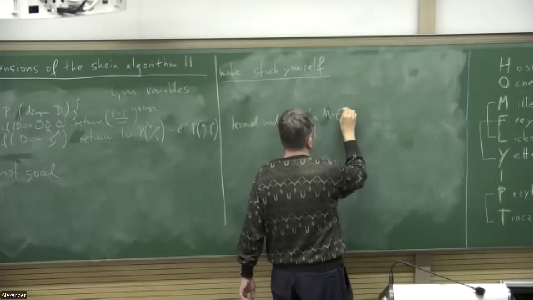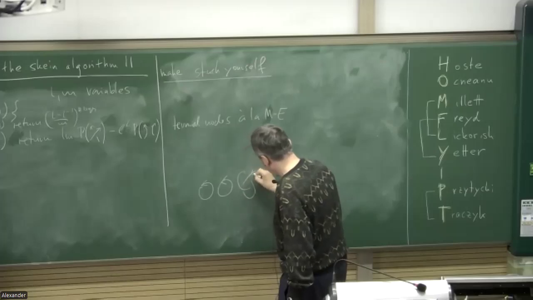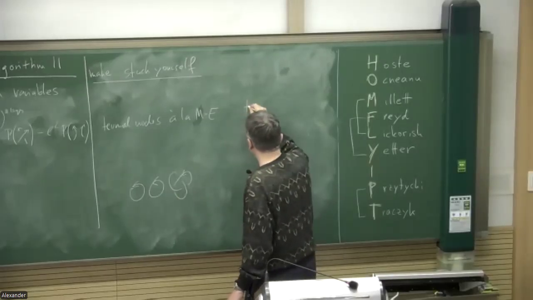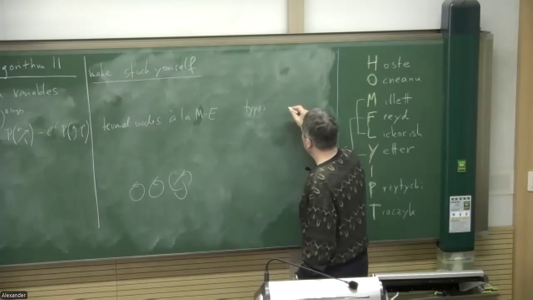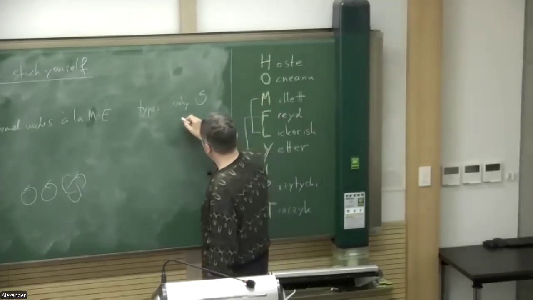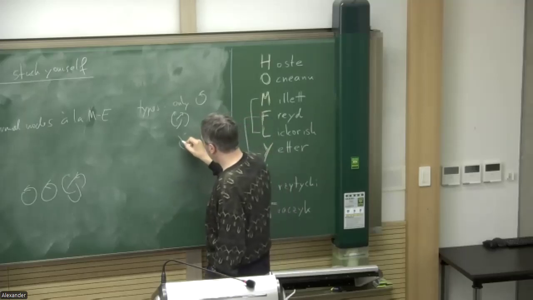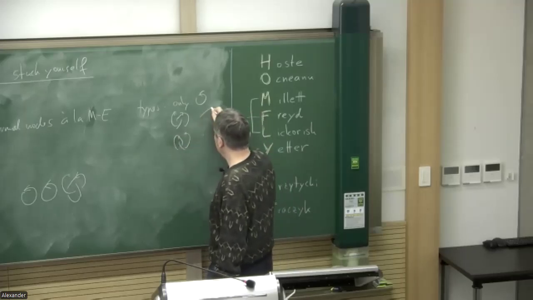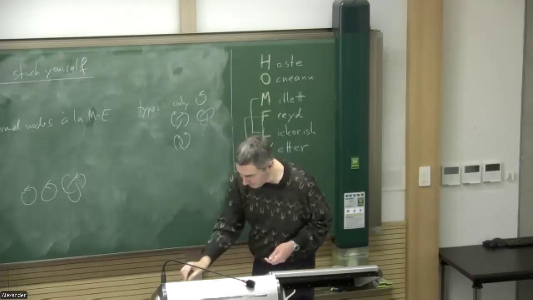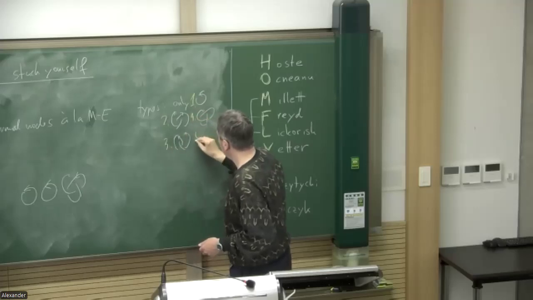I said that Millett-Ewing generalized this, and they allowed loops plus reference. So there are certain types. So you have this, so negative coupling, positive coupling, and then you have right-hand trefoil. So this is let's say type 1, type 2, type 3, type 4, type 5.